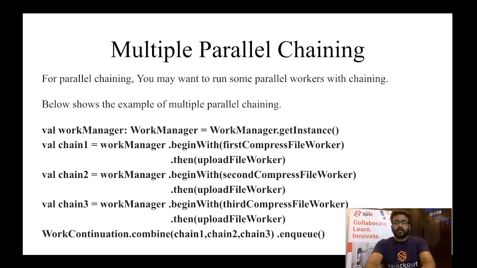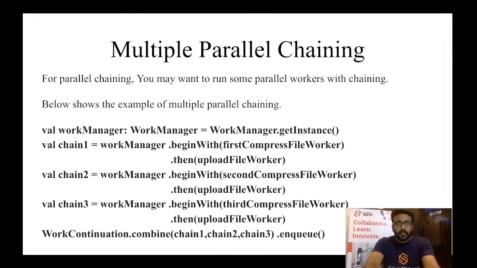So for that, let me begin with compressing the file first, and once the compressing of the file is done successfully, that compressed file output will be the input to the upload file worker. That upload file worker will be uploading the compressed file to the server.